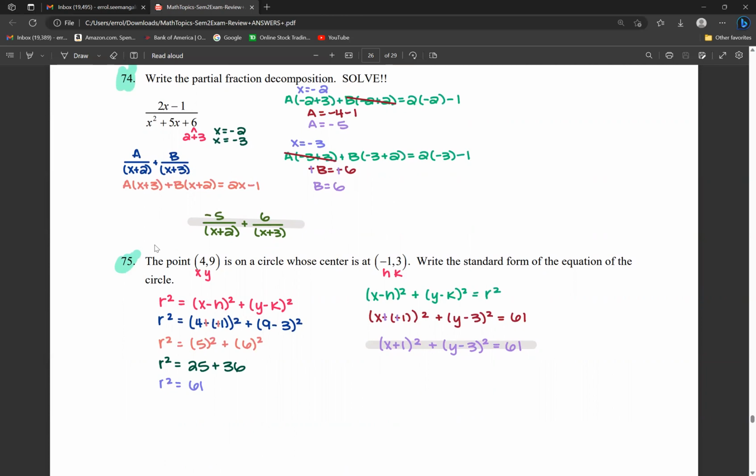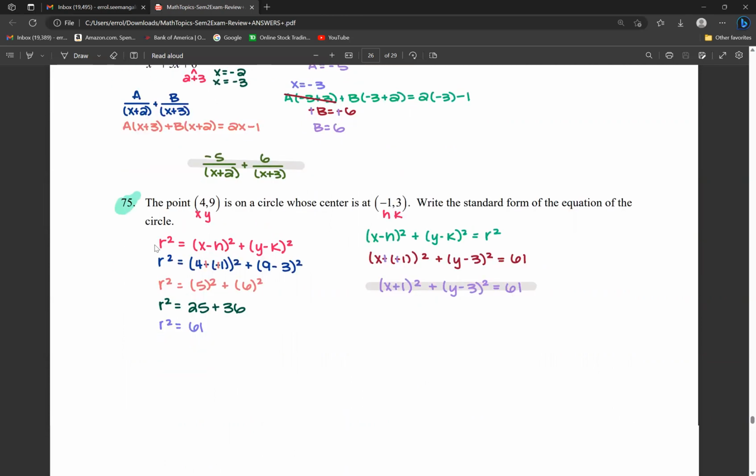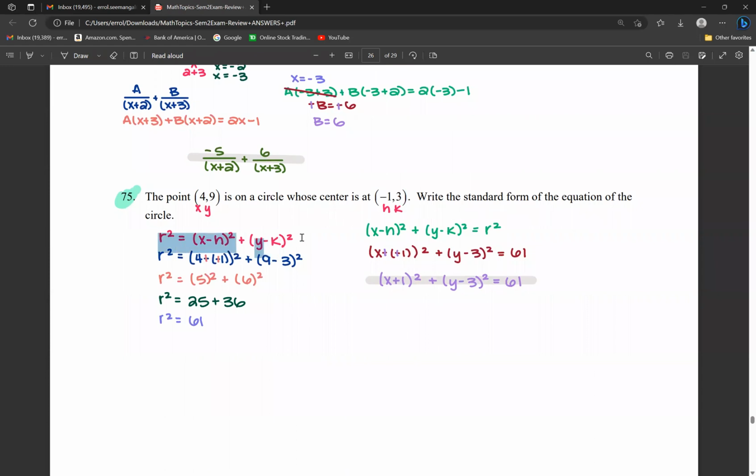The point (4, 9) is on the circle whose center is at that. Write in standard form the equation of the circle. This right here is the general form, or general equation, of a circle. So you know the center is that. The opposite sign of those two would be x plus 1, y minus 3. And if this point's on the circle, you know that's a radius.